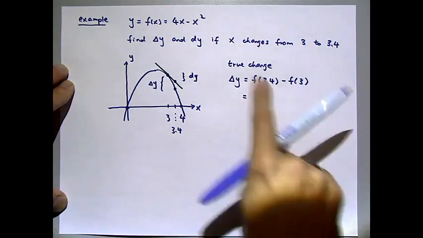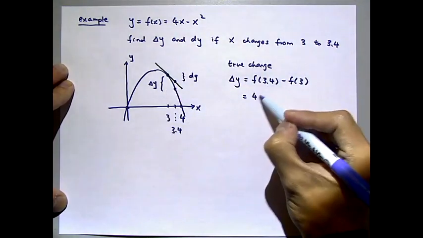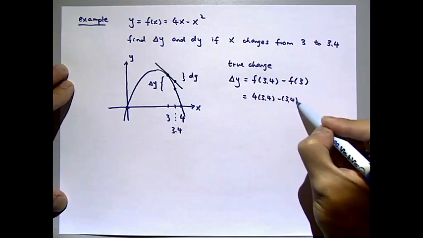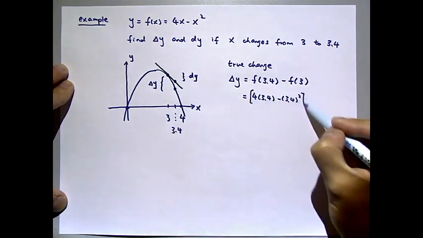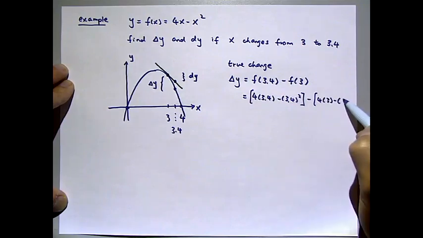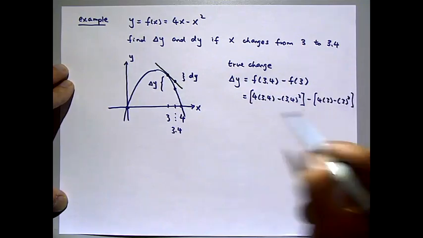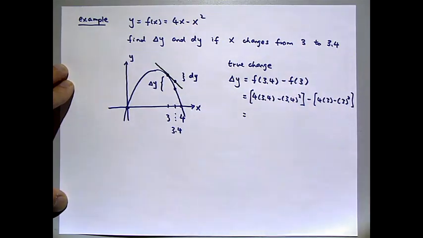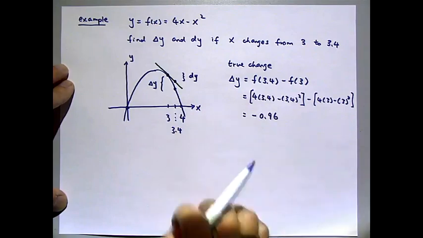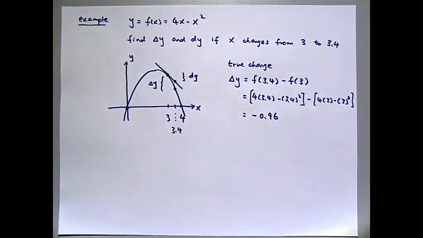So you plug 3.4 into your function: 4 times 3.4 minus 3.4 squared, minus 4 times 3 minus 3 squared. And this turns out to be negative 0.96. Not so bad.